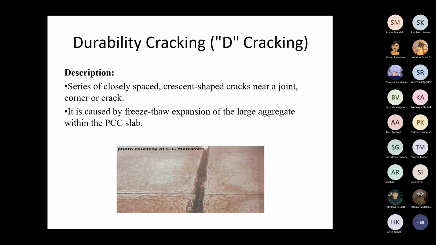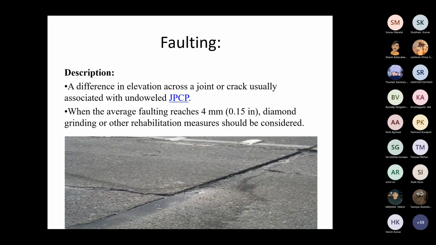This is caused by frequent freezing and thawing expansion of the large aggregate within the PCC. Due to this, durability cracking will occur. You can see a series of closely spaced crescent-shaped cracks especially near the joints or corners, not necessarily in other parts.